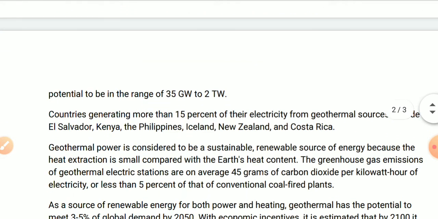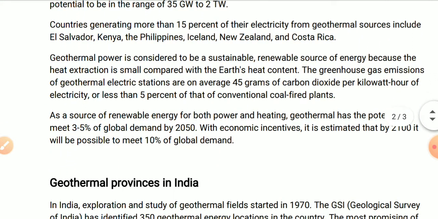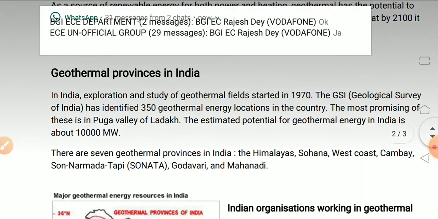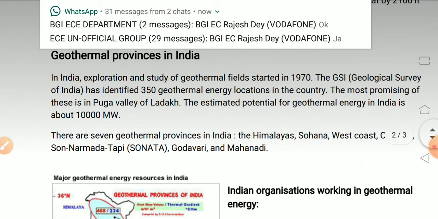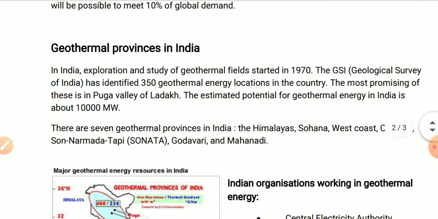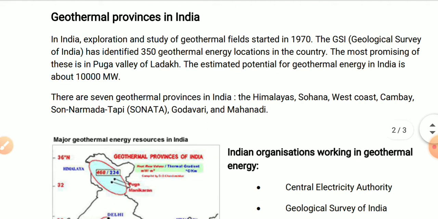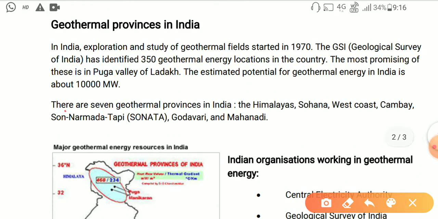Now here we are going for the geothermal provinces in India. Here the provinces are basically a total of 7. There are 7 geothermal provinces in India.